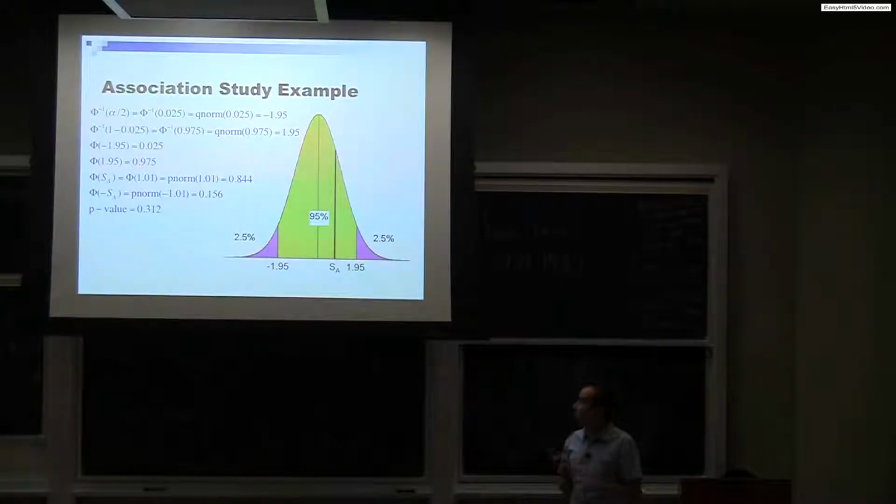If you have a certain observation, the p-value tells you what the threshold would need to be for that observation to be significant. So what if I see exactly a value of 1.95? If I'm exactly on that point, what would my p-value be?